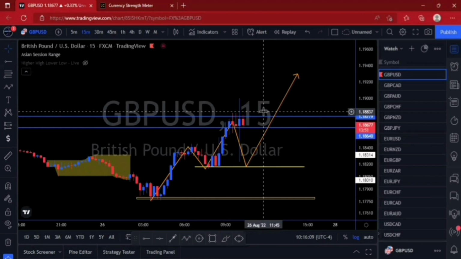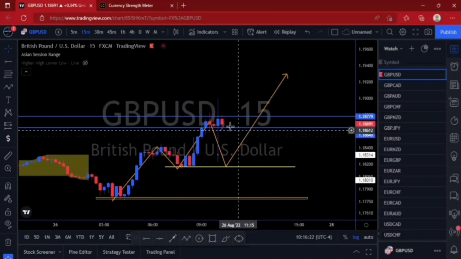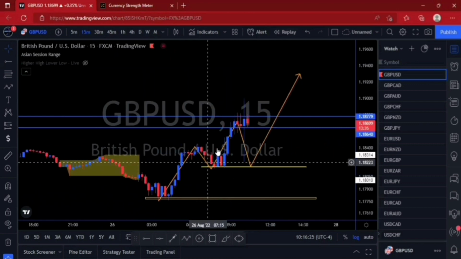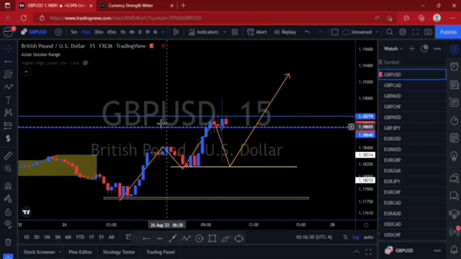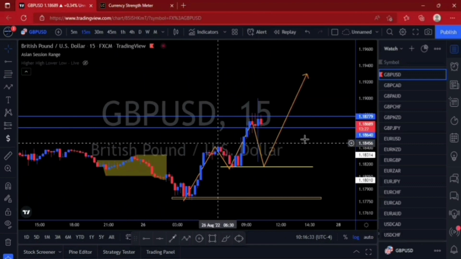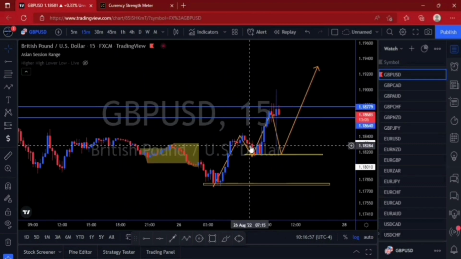Still, I'm looking for the sells again, and let's see if I'm now executing this market with this pin bar. I'm entering this market with the same stop loss and the same take profit.